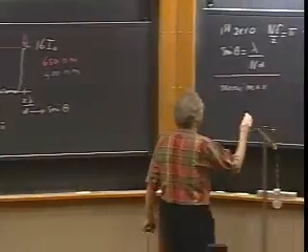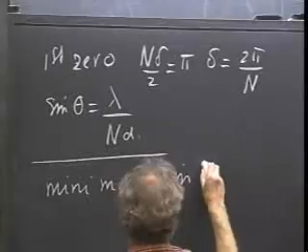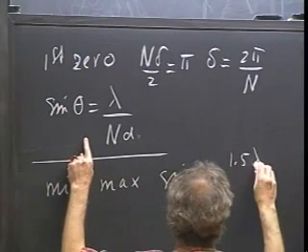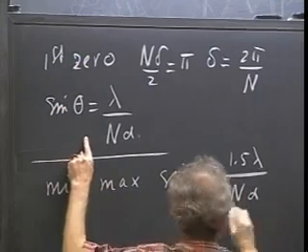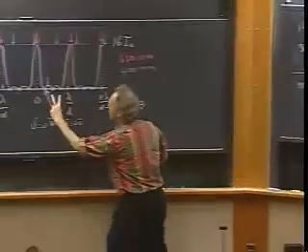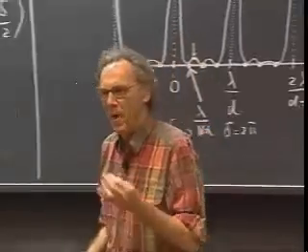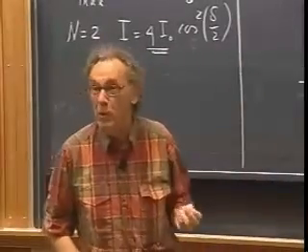So I ask the equation, what is your intensity when sine theta is now 1.5 times lambda divided by nd? Then I'm right in between these two zeros. Now whether I'm exactly on that maximum, I don't know. I'm really not interested, but I'm surely close.